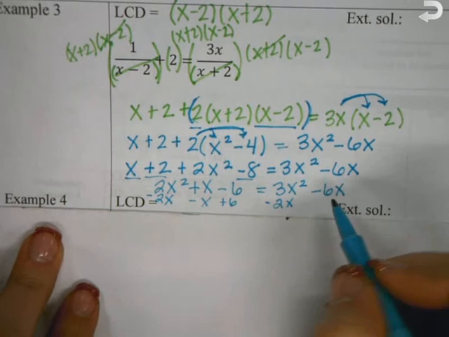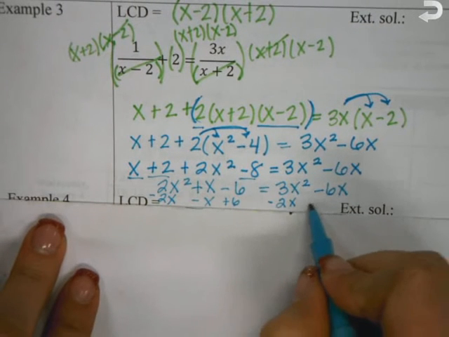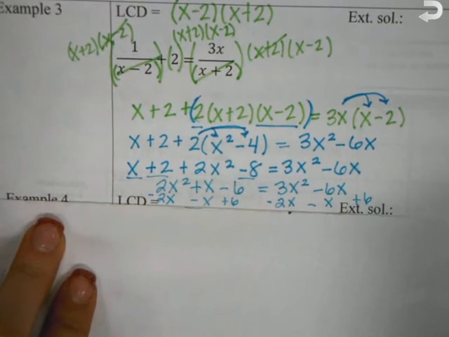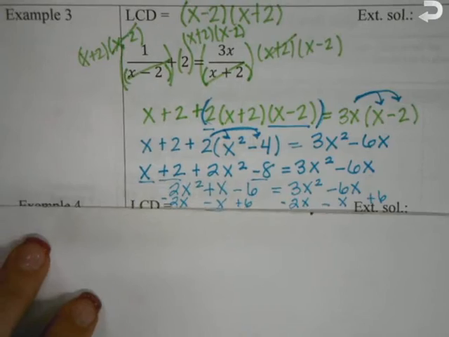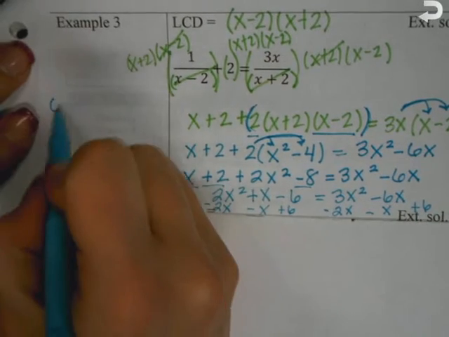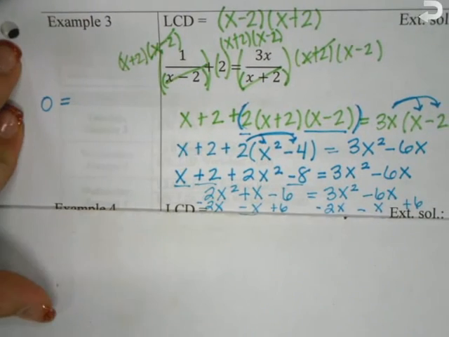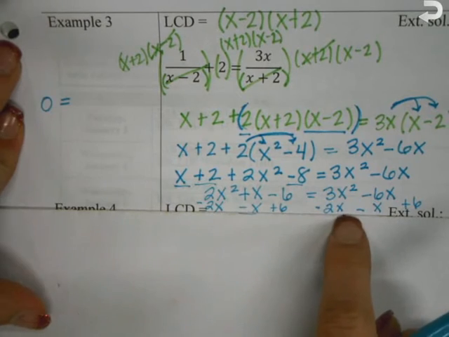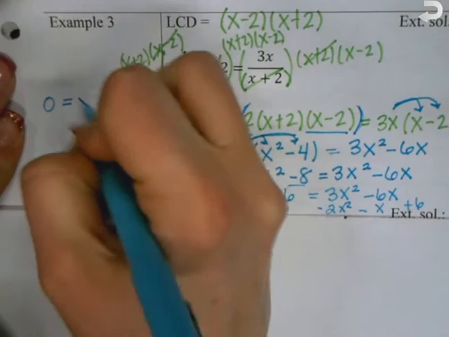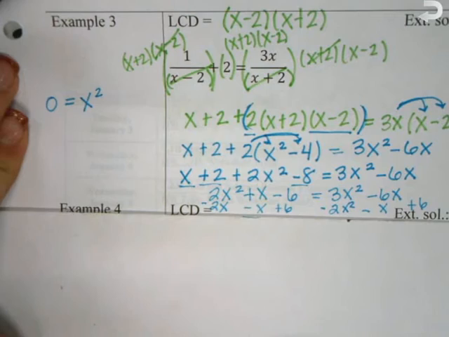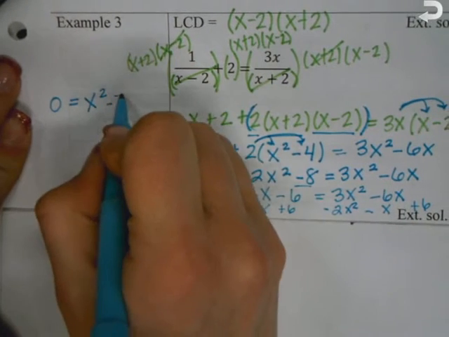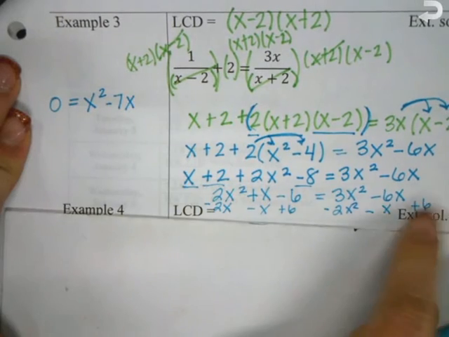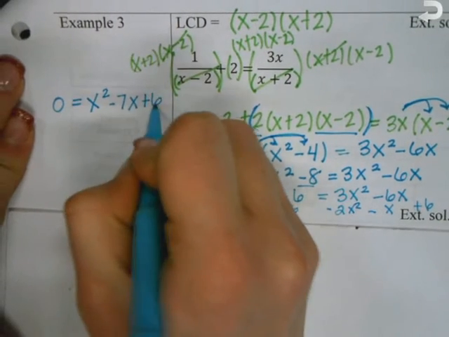So that's going to give me 0 equals 3x squared minus 2x squared, which is just x squared. Negative 6x minus x is negative 7x plus 6. So I always want to make my x squareds positive, and since I had x squared on both sides, I subtracted the entire left-hand side to move it over so that I would get a positive x squared.